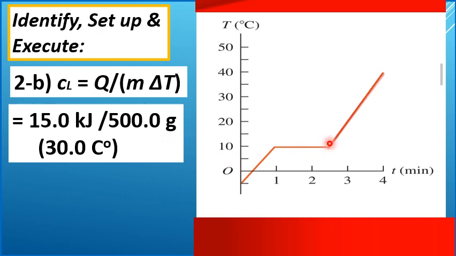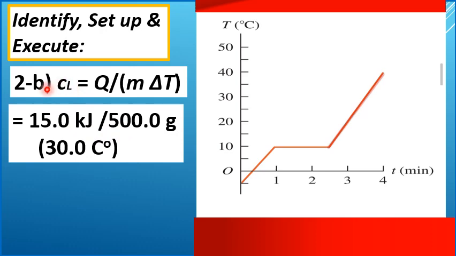Take note that during the process represented by this graph line, the substance is already in its liquid state. That's why we are talking about the specific heat of the substance in its liquid state.